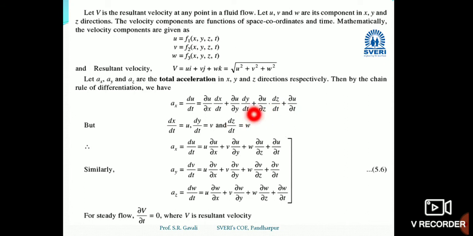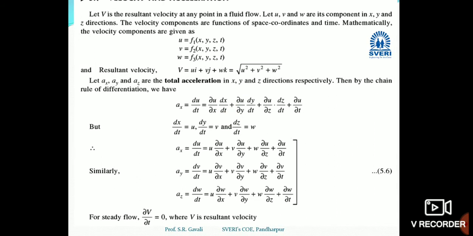We know that dx/dt is the change of displacement per unit time, which is velocity: u in the x direction, v in the y direction and w in the z direction. Therefore dx/dt = u, dy/dt = v and dz/dt = w. So ax = du/dt = u ∂u/∂x + v ∂u/∂y + w ∂u/∂z + ∂u/∂t.